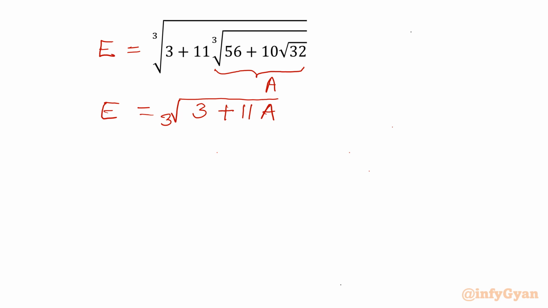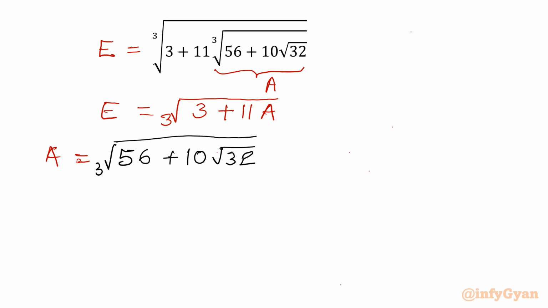Now let us consider A separately. So I will be writing A as cube root of 56 plus 10 root 32. Now I can write 32 as 16 times 2. So root of 32 will be root of 16 times 2.